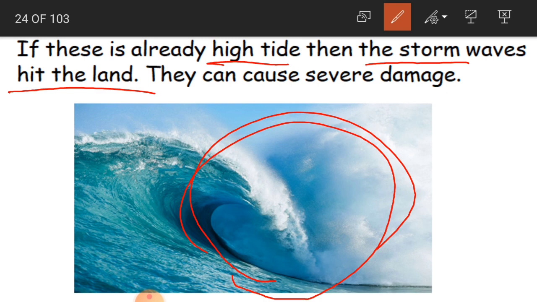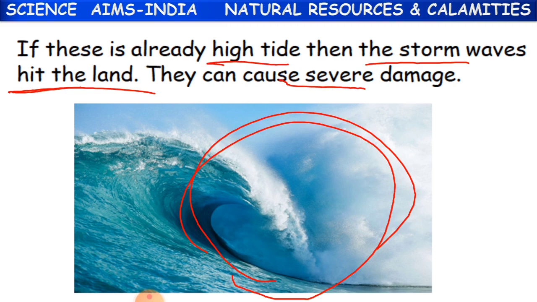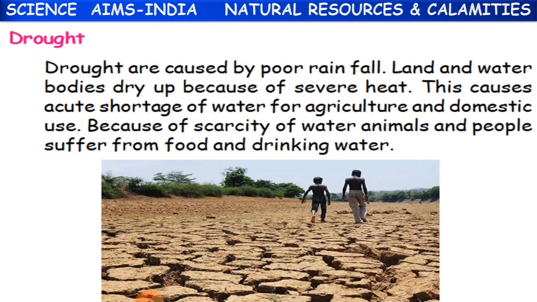But when the waves are very strong, then it is very dangerous, as you can see here in the picture. These storm waves are going to hit the land. Along with the thunder, lightning, rain, and wind, the water is going to hit the land. Then you can see the severe damage, like our tsunami. That is why this is a disaster.